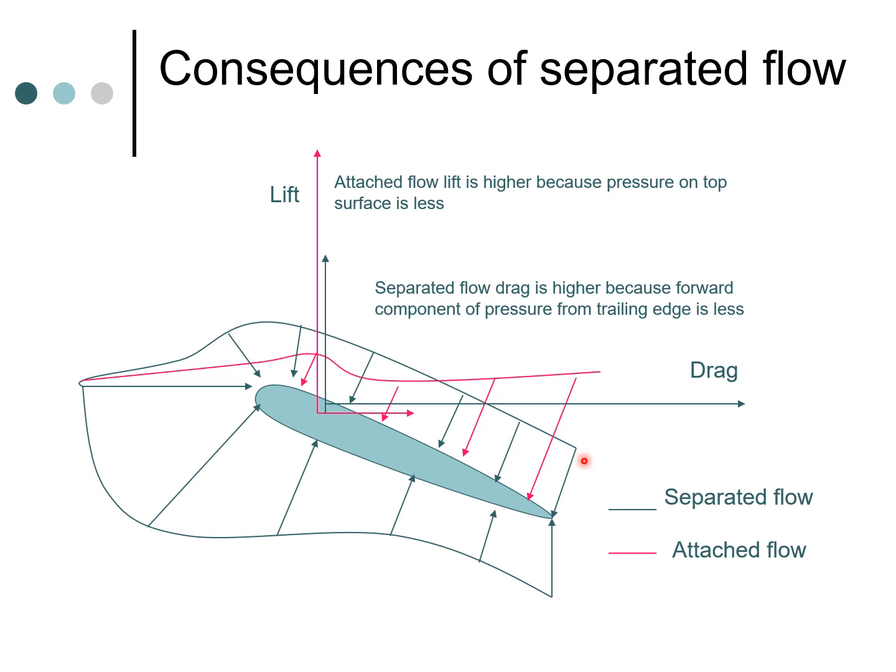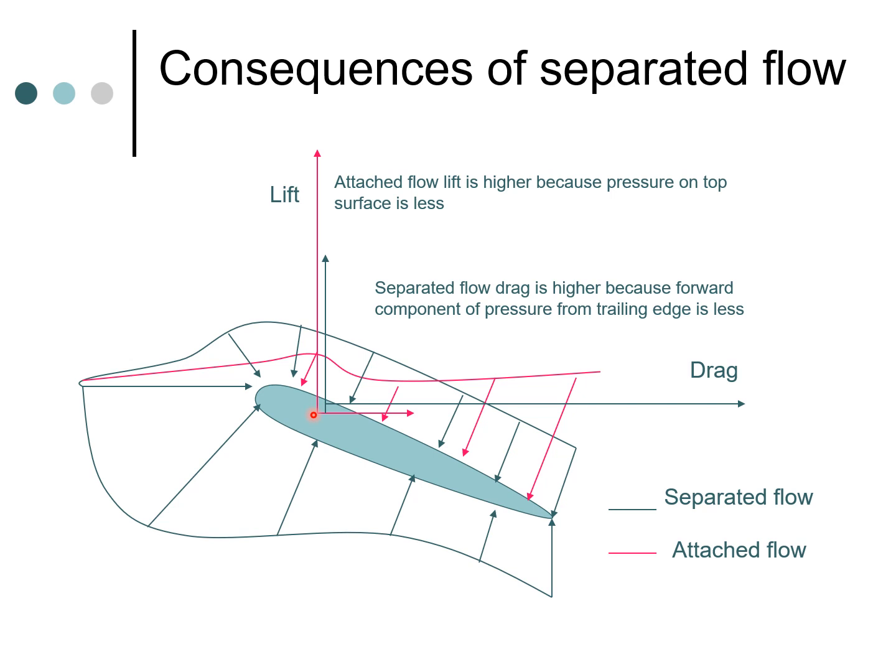But we will also see that as far as the drag is concerned, the separated flow drag is higher because the forward component of pressure which is coming from the trailing edge is now less. In the case of attached flow, you can see here in the red lines that there is a forward component acting here for the pressure, and that's going to be in the reverse direction of the drag.